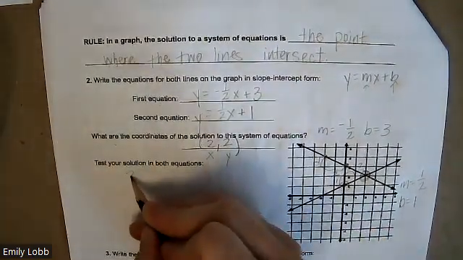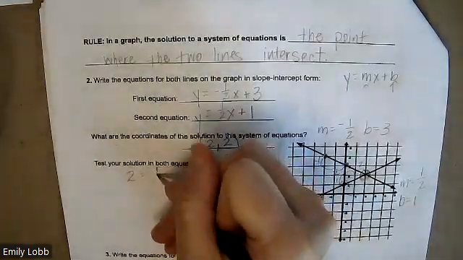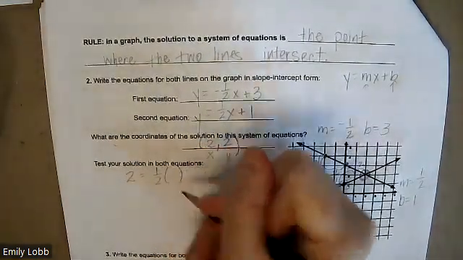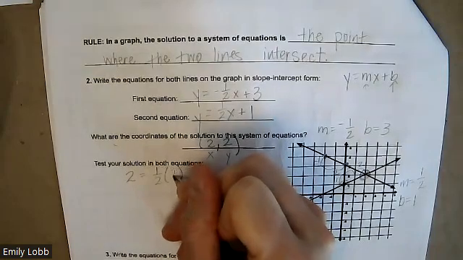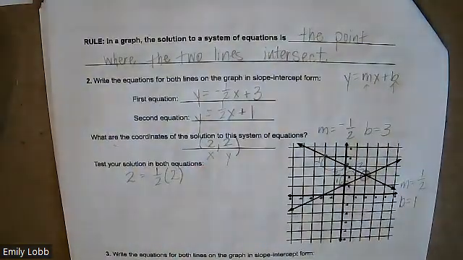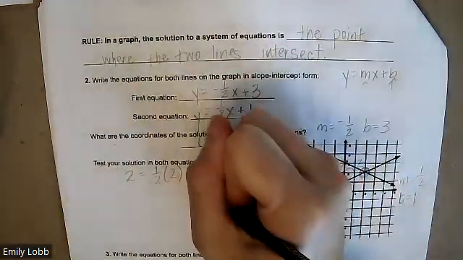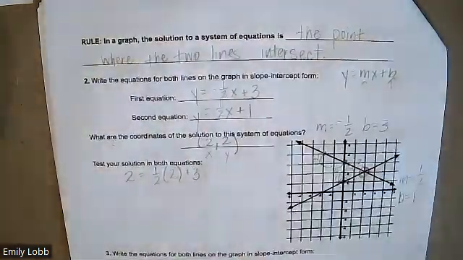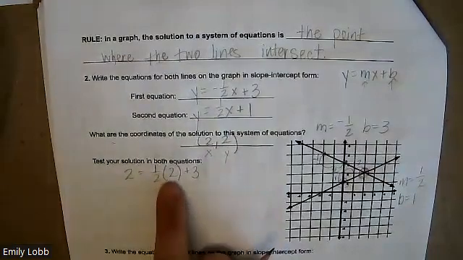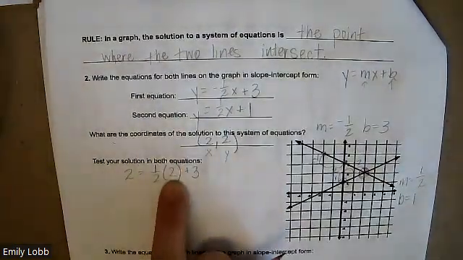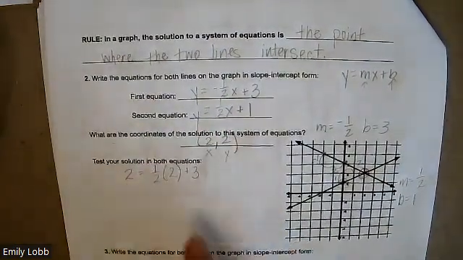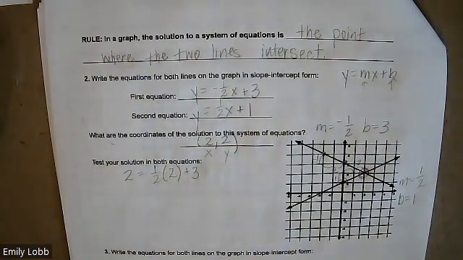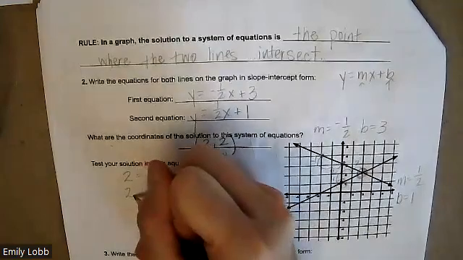So our y and our x are the same in this case. So we have 2 is equal to -1/2 (2) plus 3. Remember to use parentheses to remind yourselves that when we have a number next to a letter, it denotes multiplication. So I'm just rewriting it with my x value in place of my x and my y value in place of my y. So I still have 2 on this side.